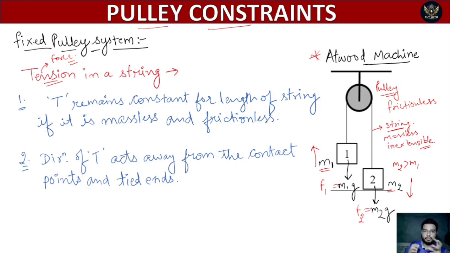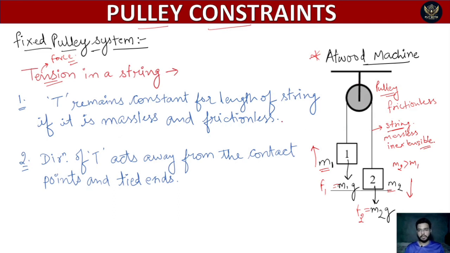There are two points you have to keep in mind, because for the next few classes you will follow these two points. The first point is the tension. If there is tension in the string, meaning there is a force in the string, it is constant.